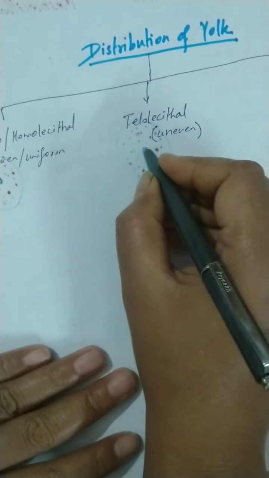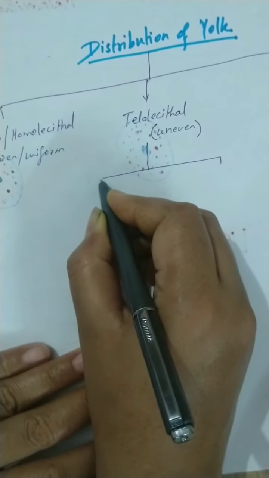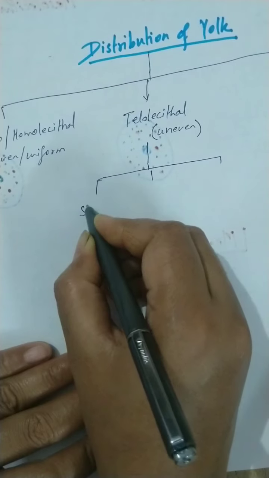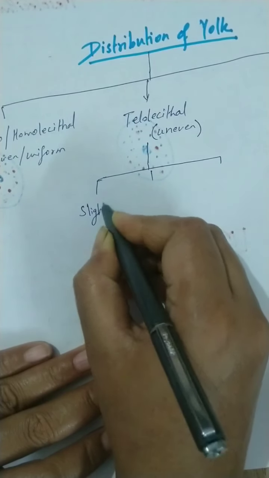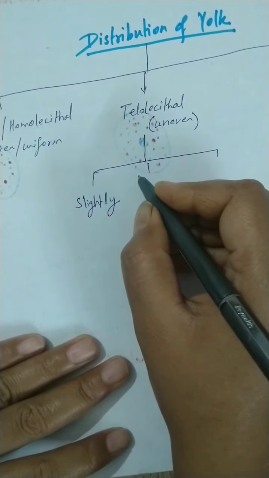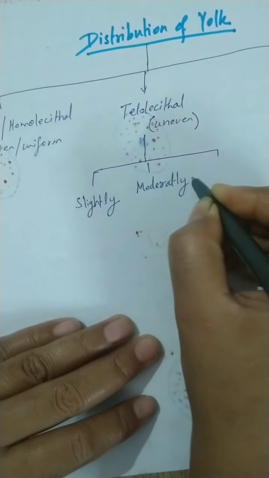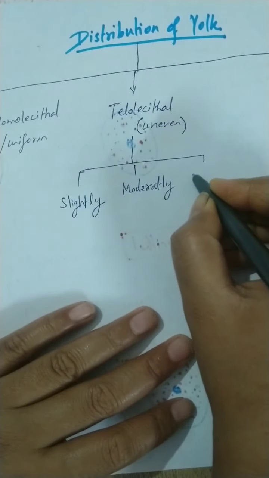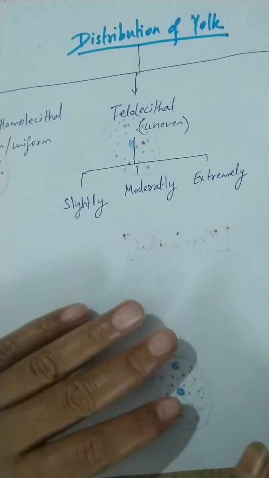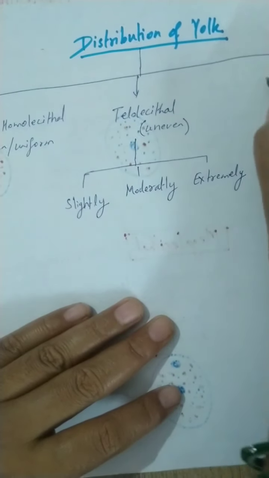Telolecithal is divided into three types of eggs: first, slightly uneven distribution of yolk, then moderately, and extremely uneven yolk distribution telolecithal.